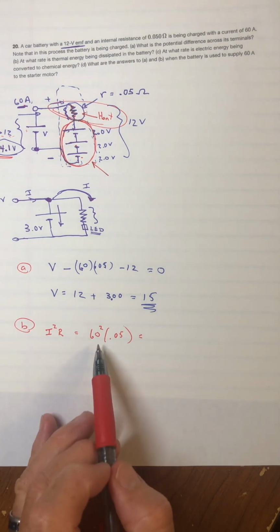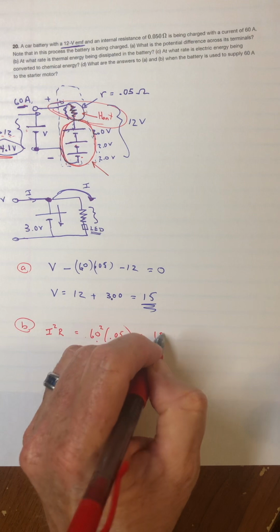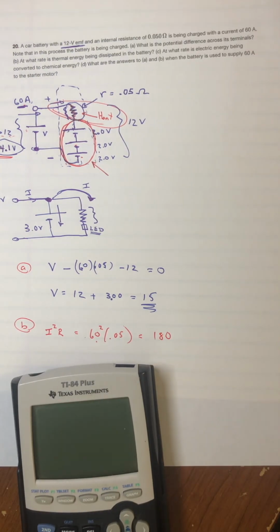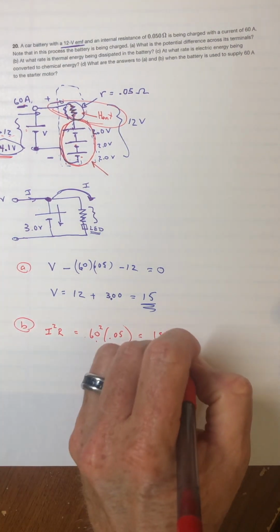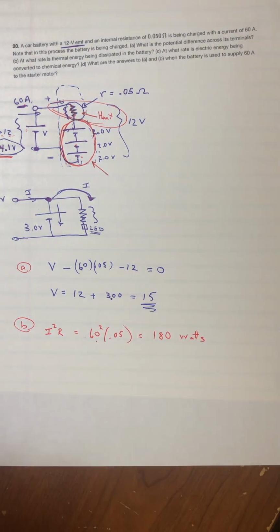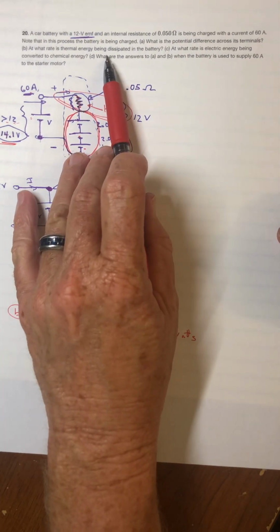Times one of the 60s we just did is 3, so 3 times 60 should be 180. Let me grab my calculator and double check. Yeah, it's 180 watts. So the battery's going to be warming up, which is what they're trying to say here in B.